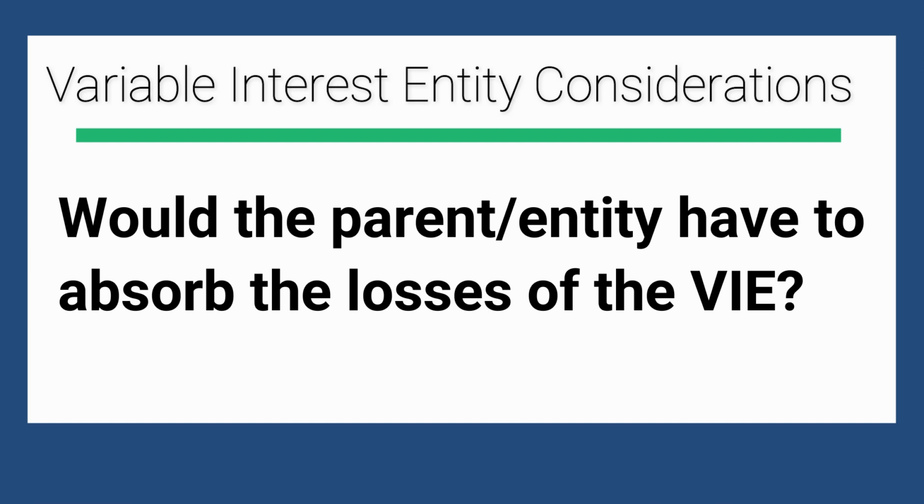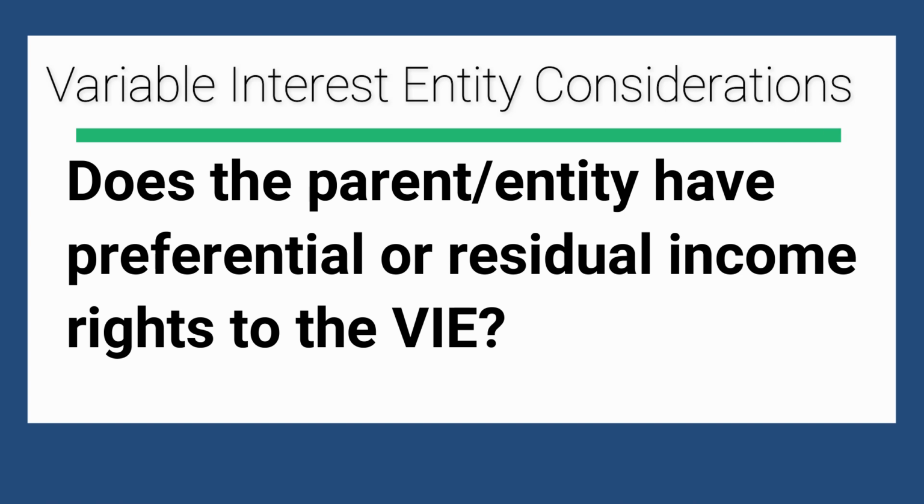Basically, it's funding the entity, even though it doesn't look like it has the controlling ownership of that entity. A third example is the parent has the right to receive residual income. Basically, they have a preferred benefit from this entity, even though it doesn't look like they have the controlling ownership of that entity. That is a consideration related to consolidating a VIE.